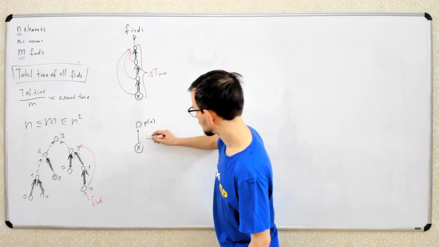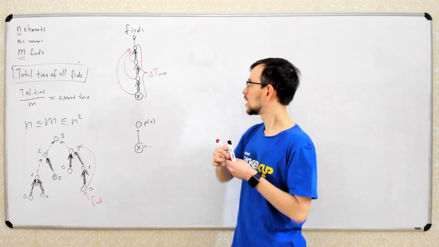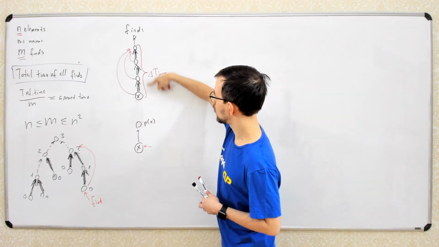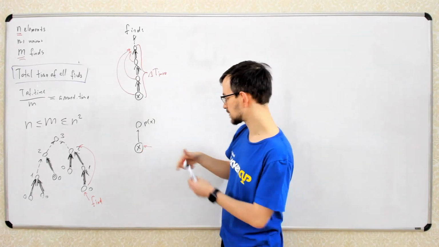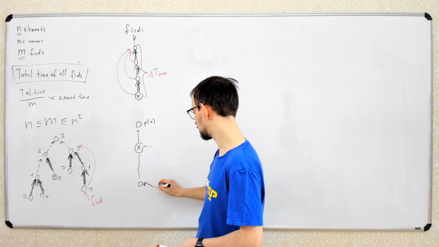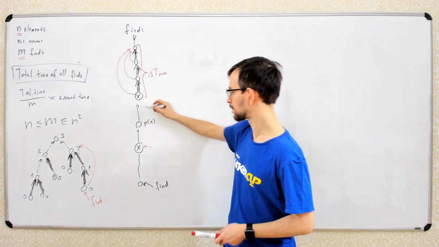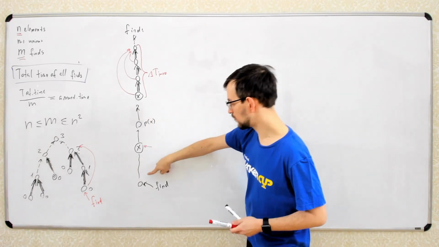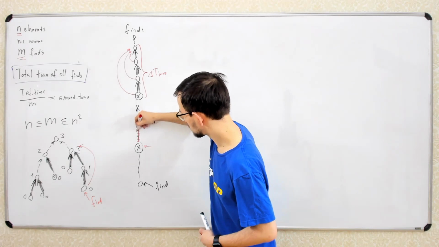So for this vertex, we calculate how many times we travel through vertex x when we perform some find operation. So we have this vertex x. At some point, we perform some find operation from here, and go somewhere here. When we follow this path, we walk through this edge. Right?